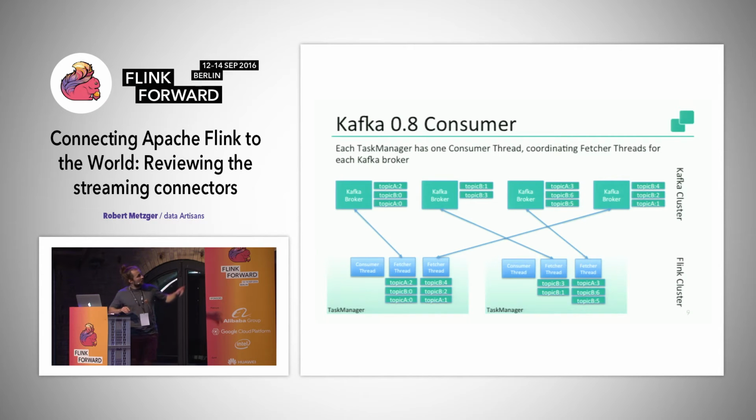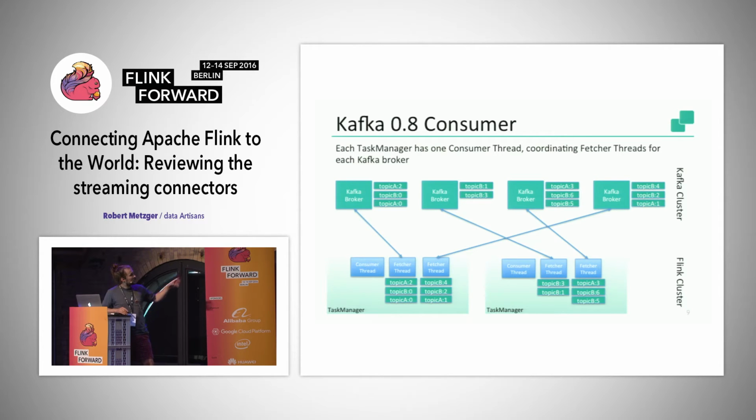So you have there on the top, you would have your Kafka cluster sitting, and in Kafka, the nodes that store the actual data are called Kafka brokers. And Kafka brokers would be responsible for numbered partitions in a topic. So in this example, we have two topics, topic A and topic B, and they each have a number of partitions.